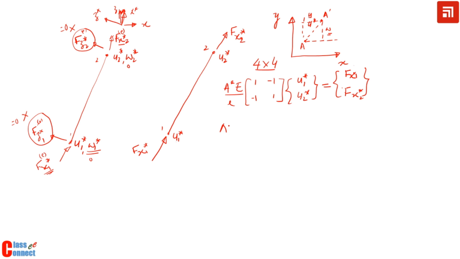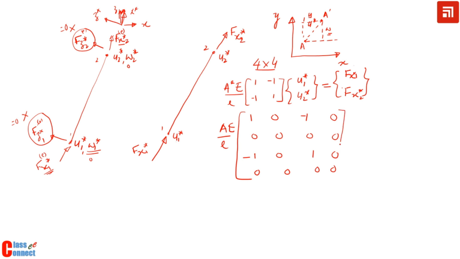I can write AE over L, 1 0 for the second degree of freedom, minus 1 the second node first degree of freedom, 0 0 0, 0 0, minus 1 0 1 0, and then again 0 0 0 0.